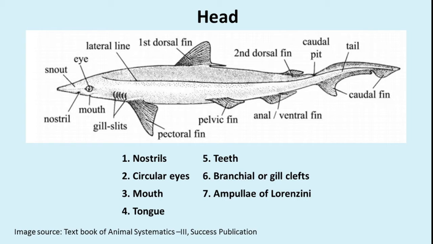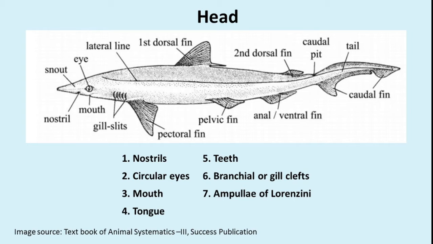The ampulla of Lorenzini will only be confined to this region. They will not be present anywhere else. They will only be present on the snout region, on the dorsal as well as on the ventral side. No other region of the body bears the ampulla of Lorenzini, and these are thermoreceptors.